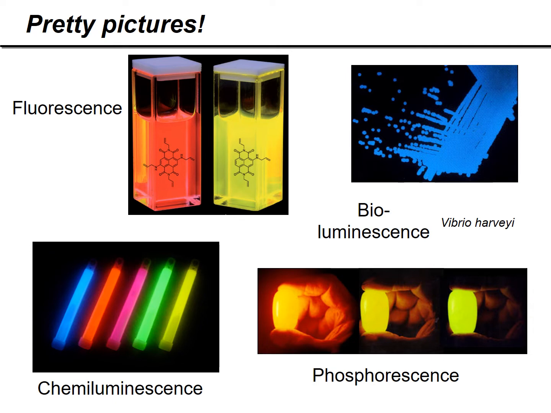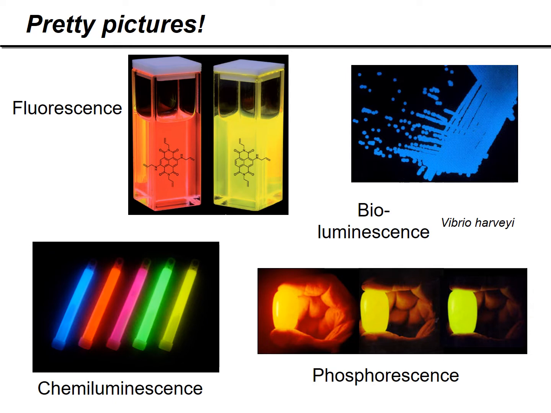The other two, chemiluminescence and bioluminescence, are different in that they are caused not by absorption of light, but by a chemical reaction. So the glow sticks in the bottom left, you're probably quite familiar with. There are some chemicals inside the glow stick, and when you crack them open, a reaction starts, and that reaction actually leads to molecules getting into an excited electronic state, and they then relax by emission of light.